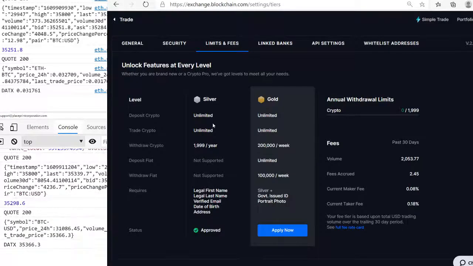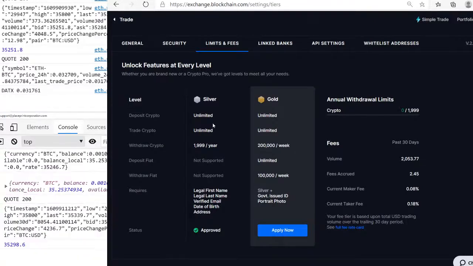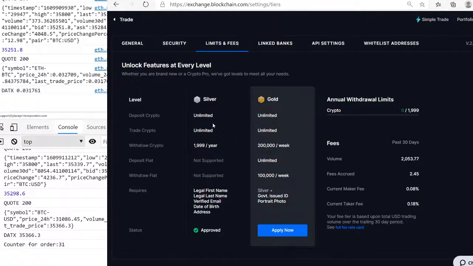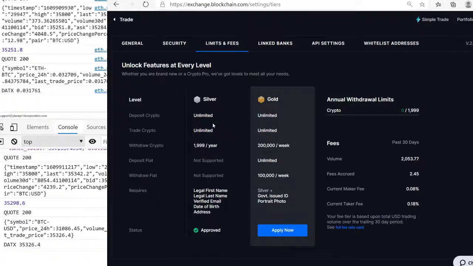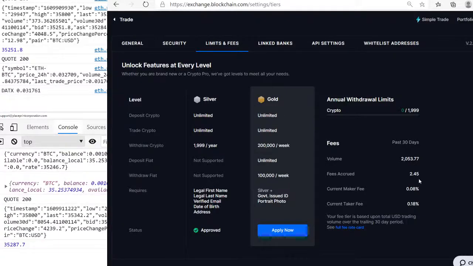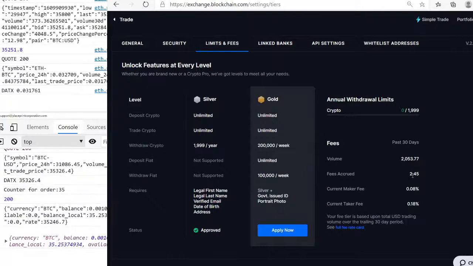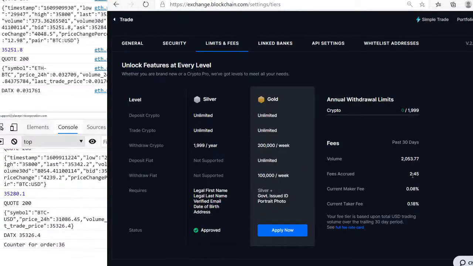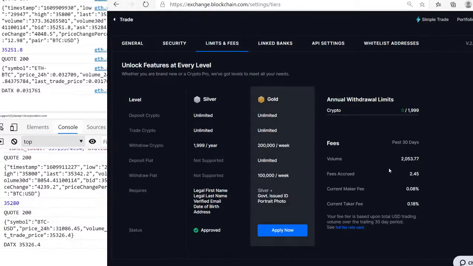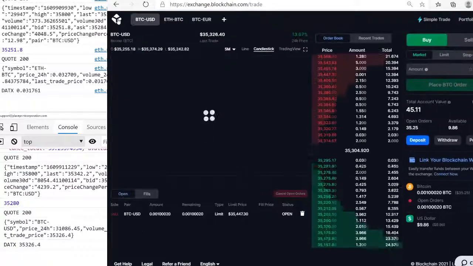If I can get to the 1,999 from this algo, I'll happily send a photo ID. But I'm not going to waste the time until I know that it's working. So I'm being honest with you guys. This is the first day I've executed this algo. I've spent $2.45, and I sent basically $52. This is a real algo, and it's doing fine, I guess, so far.